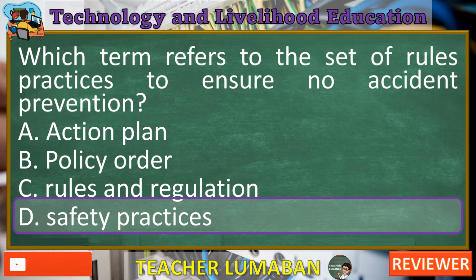It encompasses all the measures and practices aimed at maintaining a safe environment and reducing the risk of accidents. Therefore, safety practices is the term that directly refers to the set of rules and practices designed to ensure no accidents occur, making D, safety practices, the correct answer.